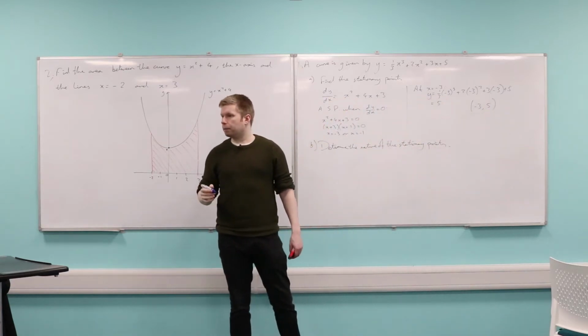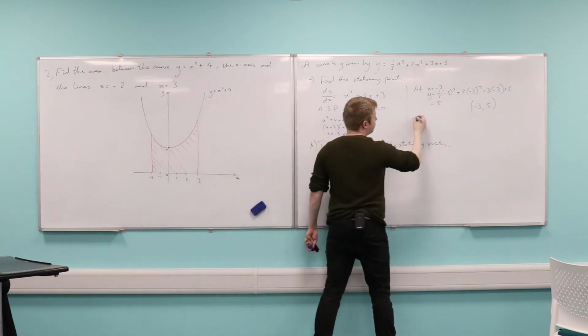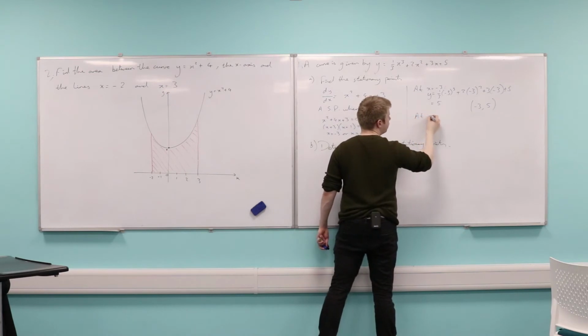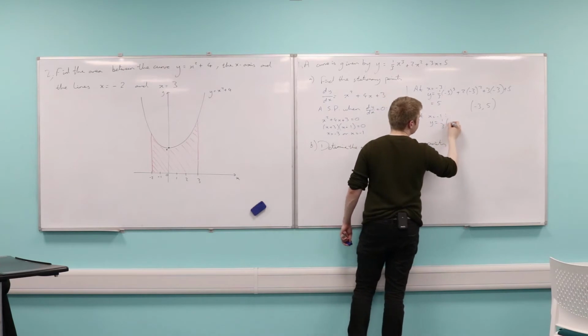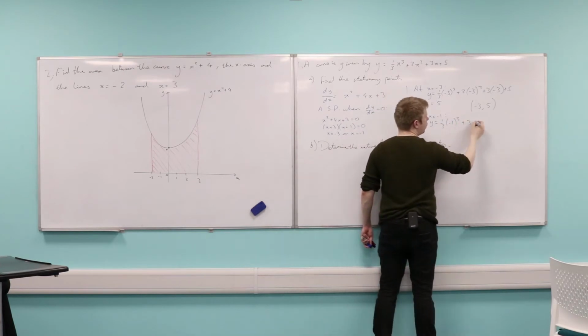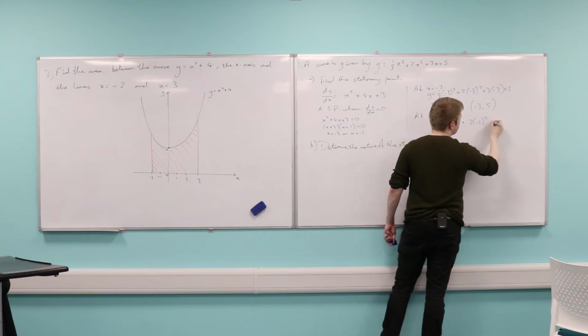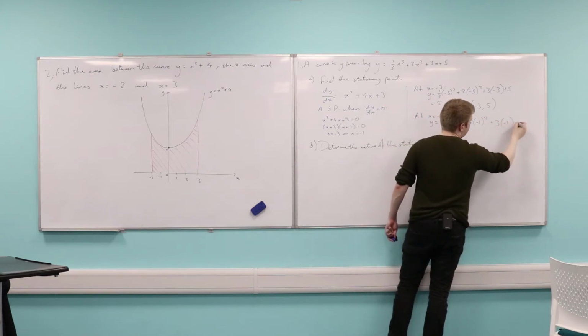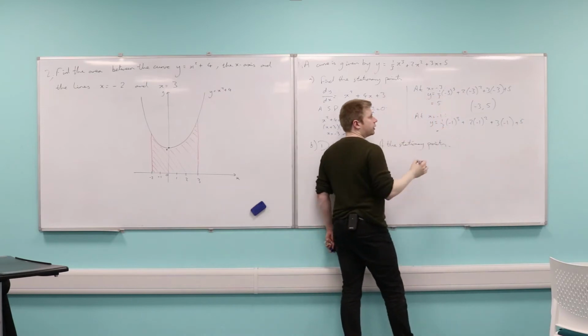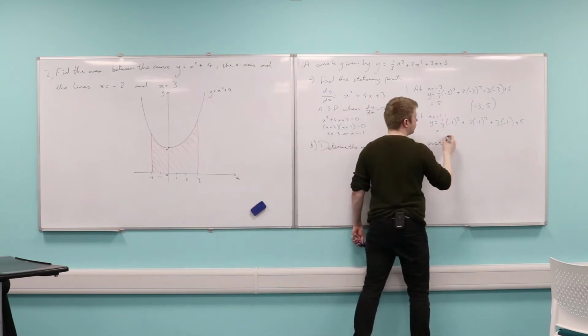Did everybody get that? Okay, let's do another one then. Let's do x equals negative 1. Similar kind of thing, I stick it into my equation. First, show me what you're doing, so 2 times negative 1 squared plus 3 times negative 1 plus 5. What does this come out as, somebody? Negative 1 comes out 11 over 3.